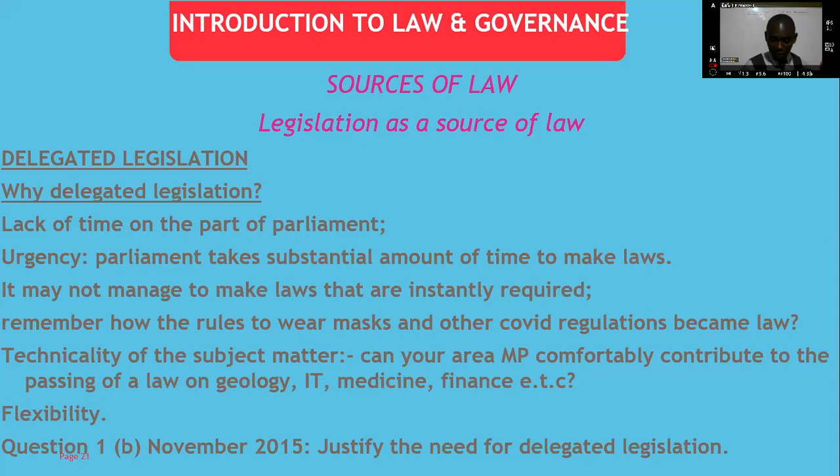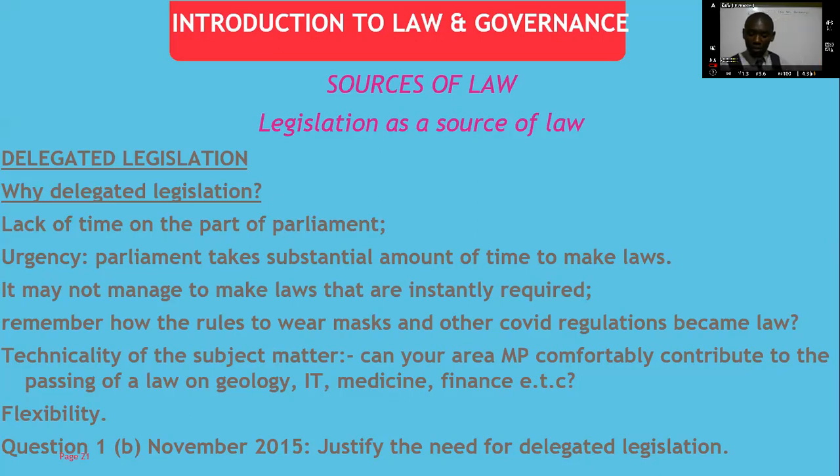So the first is lack of time on the part of Parliament. The second is that where law requires urgency, Parliament might not be able to pass that law as instantly as it is required. There's also the technicality of the subject matter. Where the subject matter is of a technical nature, then probably the persons sitting in Parliament are not the best people to discuss such matters.